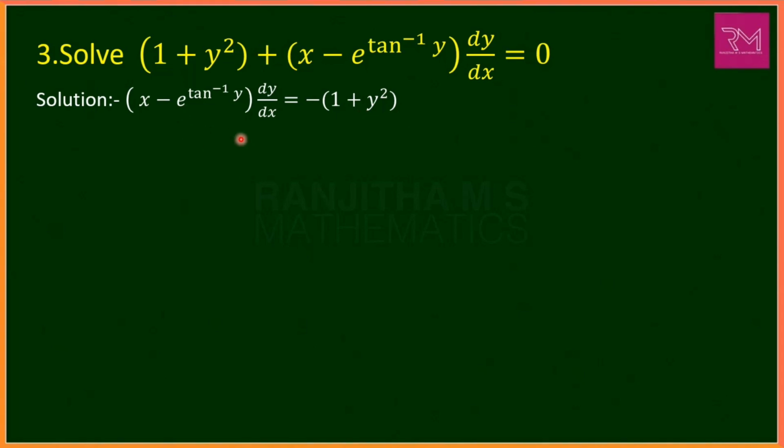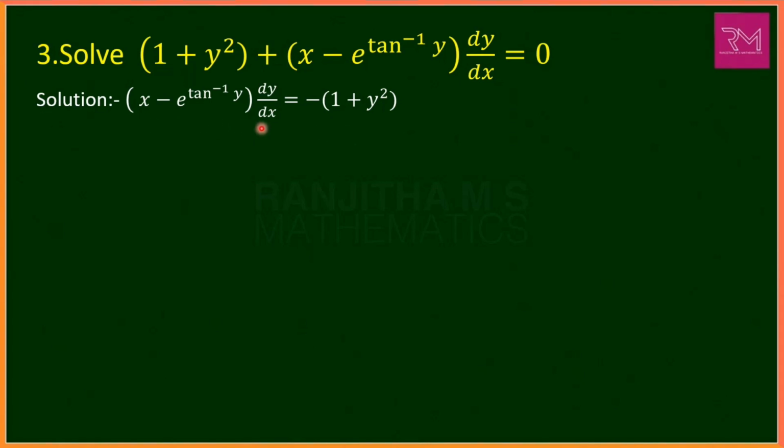Here the linear differential equation is of the form dy by dx plus p of x into y equal to q of x, or we have to reduce this to the form dx by dy plus p of y into x equal to q of y. Here if we take this x minus exponential power of tan inverse y to the right hand side, that goes to the denominator, and if we simplify further, the equation becomes complicated.